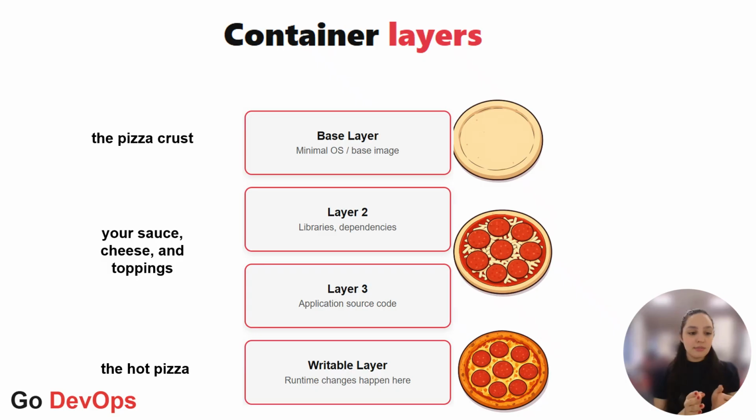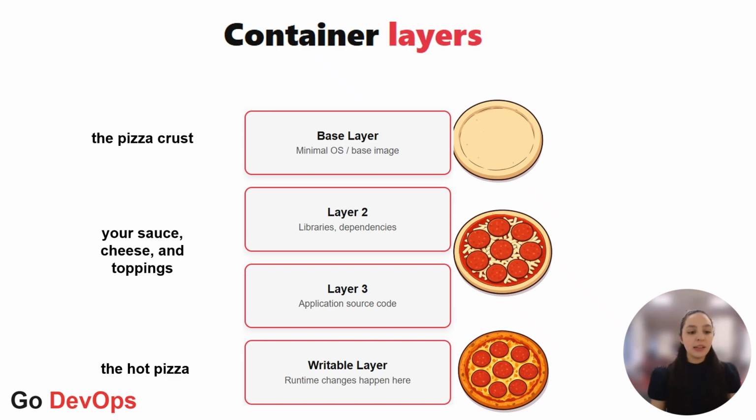So to make this easier to picture, let's use a pizza analogy. The base layer is like the pizza crust. The middle layers are your cheese, your toppings, all the extra components that build up your image.